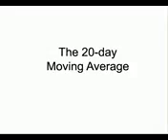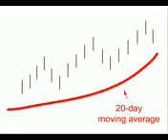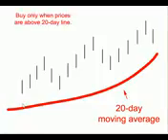We'll now look at our next tool, which is moving averages, and the most important one is the 20-day moving average. Most charting software has a 20-day moving average tool in it, and it's simply the last 20-day closing prices added together and then divided by 20, and then it's plotted along a line. It's very important that you only buy when prices are above the 20-day moving average and in an uptrend.